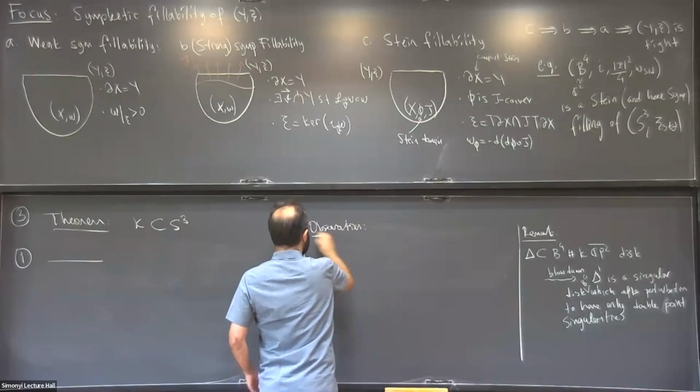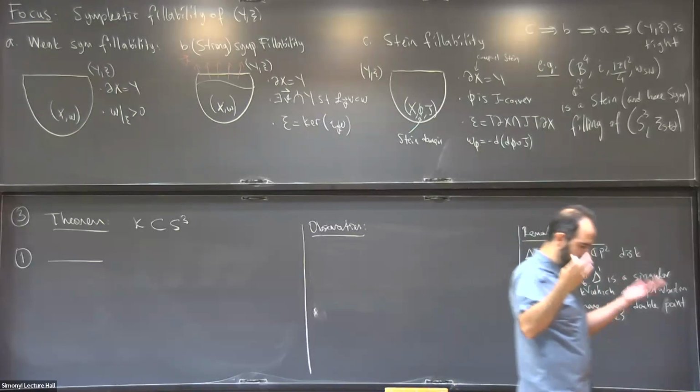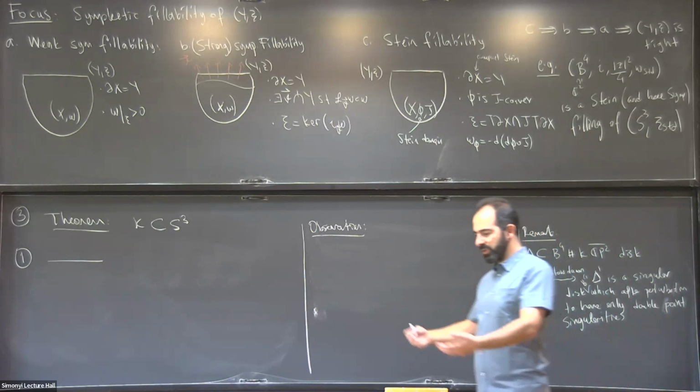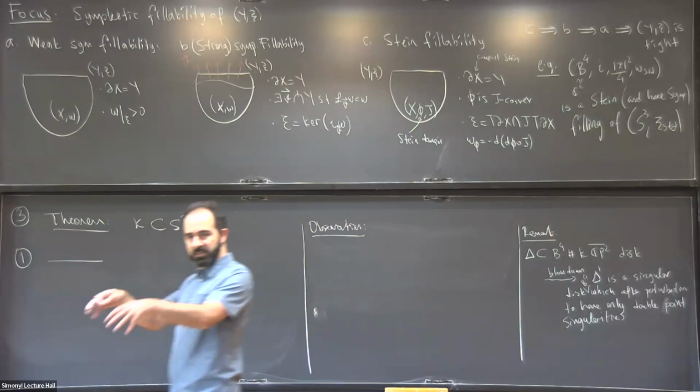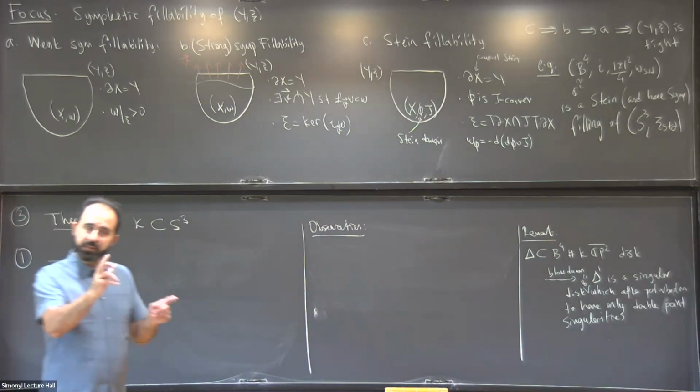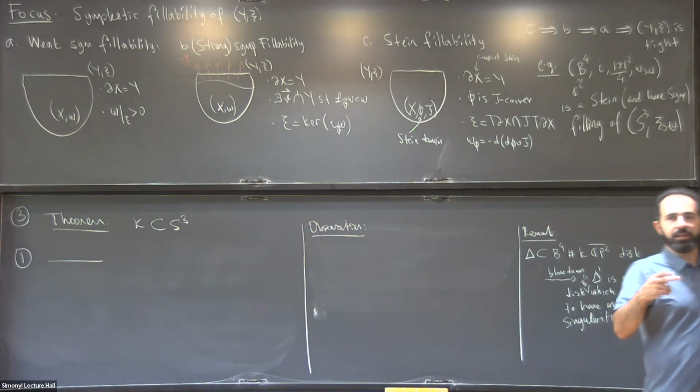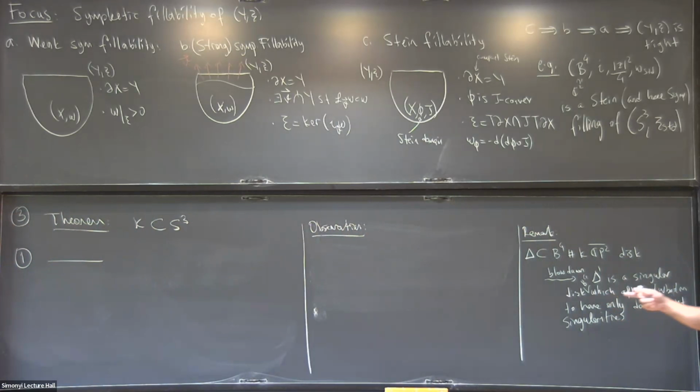We did talk about having a symplectic disk inside the four-ball. We talked about potentially producing an immersed symplectic disk inside the four-ball. But there is one other thing we can do. If you have an immersed symplectic disk inside the four-ball, we can actually produce a symplectic surface out of it, and we also have control on that symplectic surface.